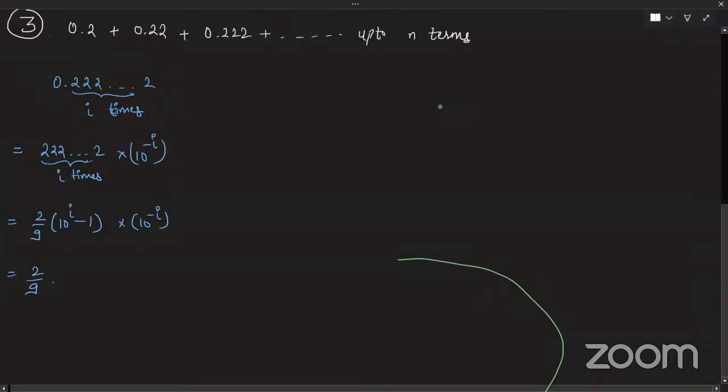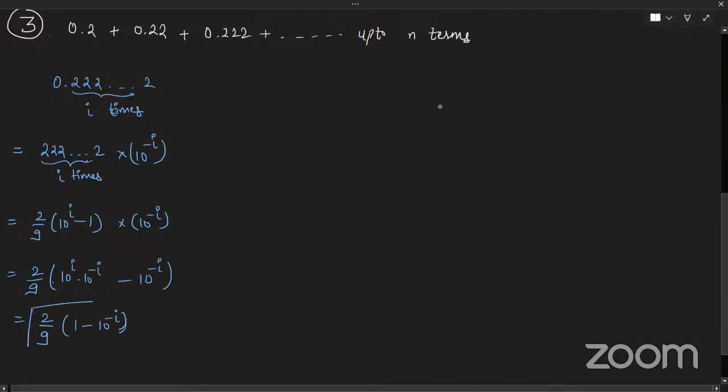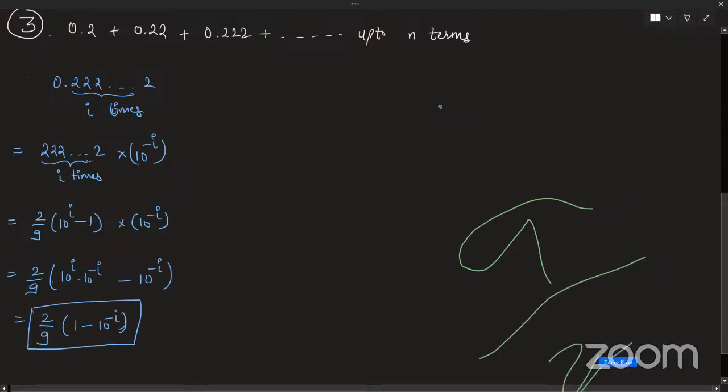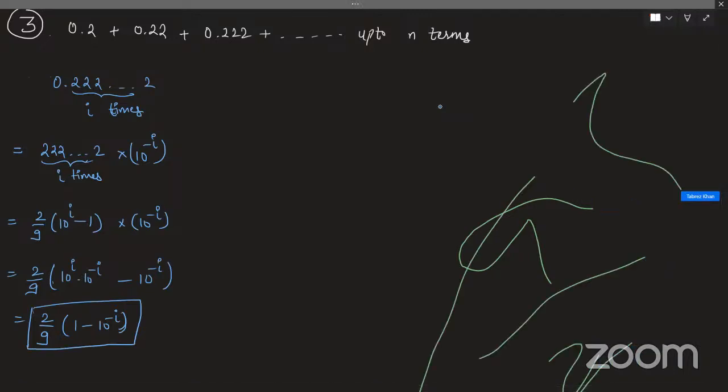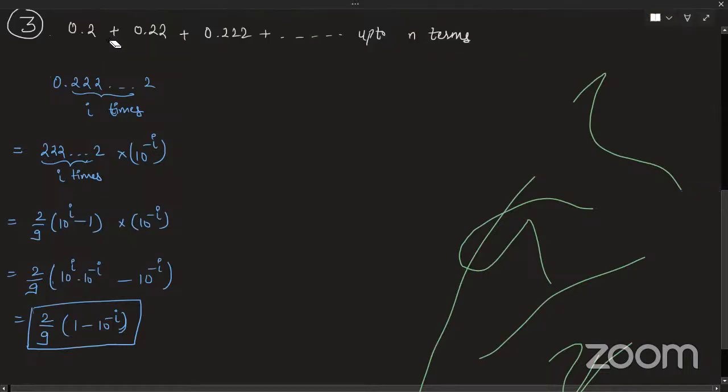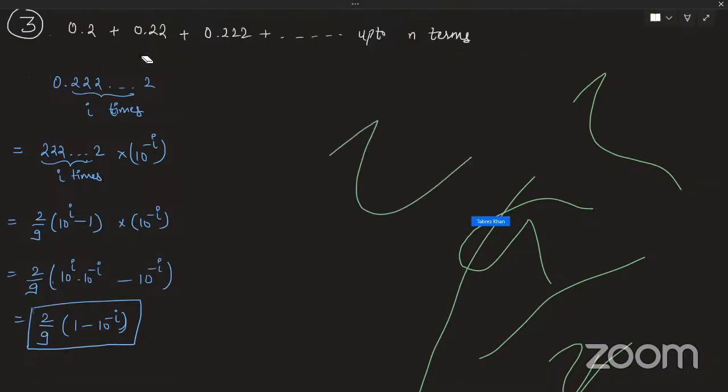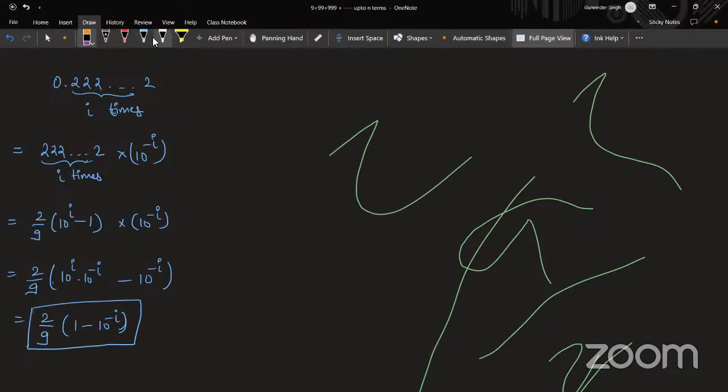So it is 2 by 9 into 10 raised to i into 10 raised to minus i, minus 10 raised to minus i. The first term equals 1, so it is 2 by 9 into 1 minus 10 raised to minus i, which is what we had earlier also.